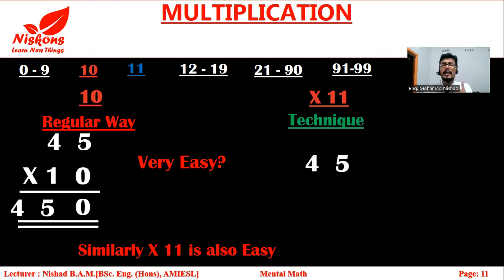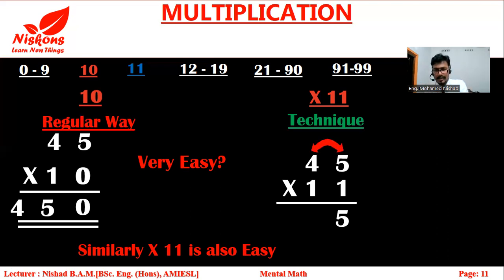If we are going to multiply 45 times 11, what we have to do is see the final number, that will be 5, and that 5 will come over here. Very simple. And then we have to add 5 plus 4, the adjacent numbers, so that answer will be 9.